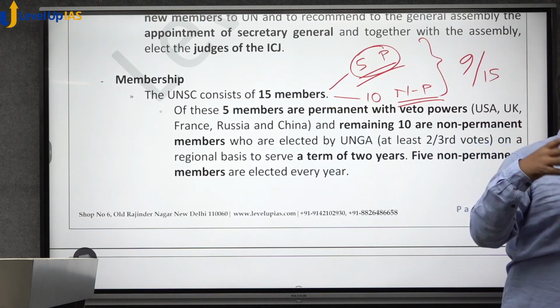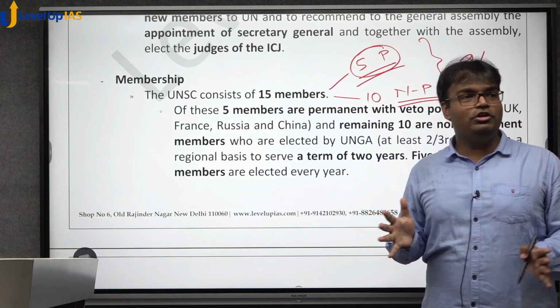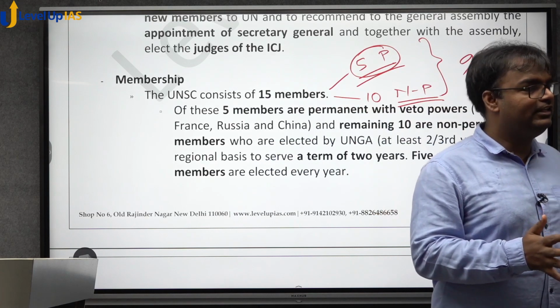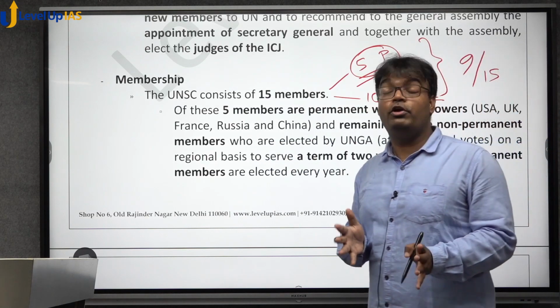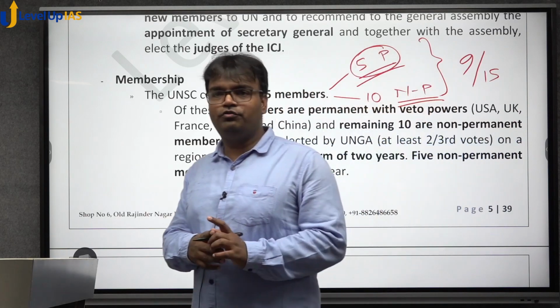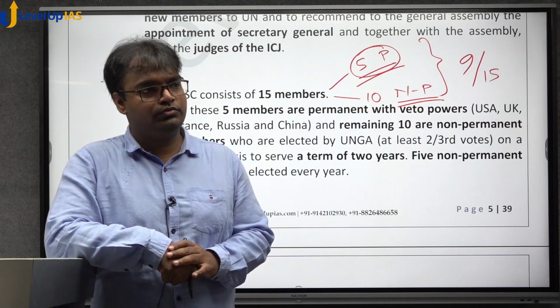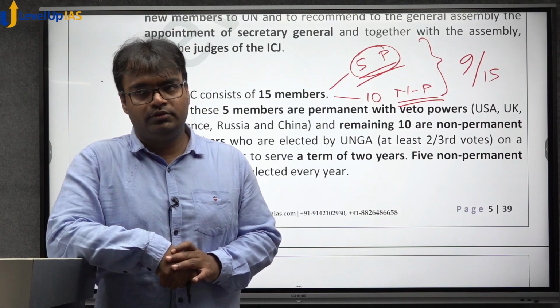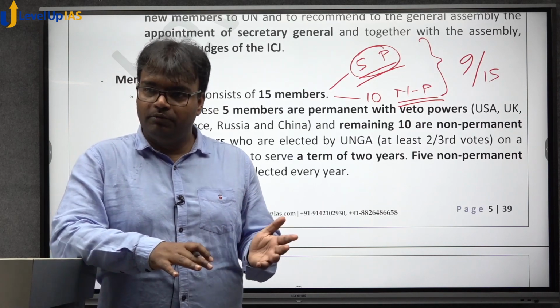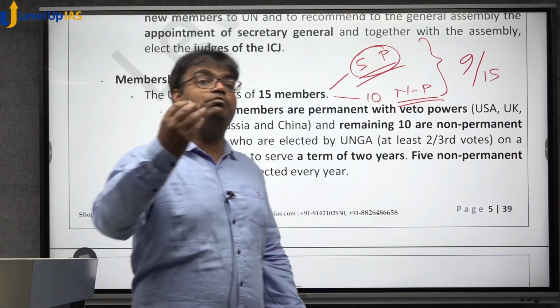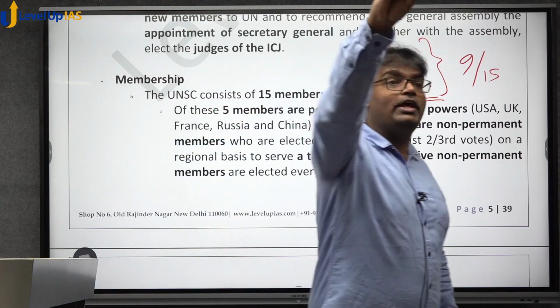These are also the countries which were on the winning side of World War II. These are the P5 because these were the 5 most important countries of that time.